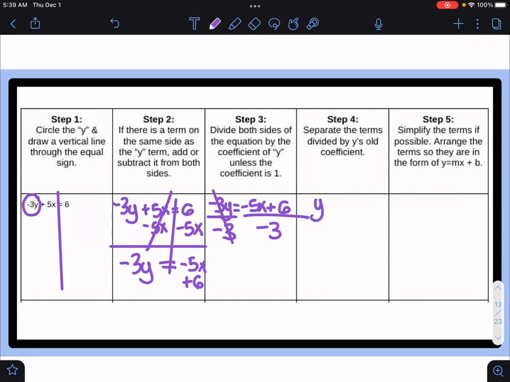Okay, so I would just have y equals negative 5 over 3x plus 6 divided by negative 3. And now let's simplify. Y equals negative 5 over 3 isn't going to simplify, but 6 divided by negative 3 is going to become negative 2. And this is already in slope-intercept form, so we are good. Our slope would be negative 5 over 3, and our y-intercept would be negative 2.